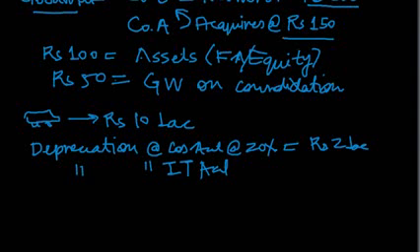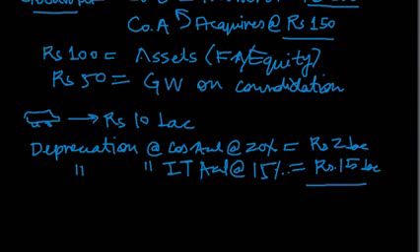So Income Tax Act is at the rate of say 15%, which makes it rupees 1.5 lakh. 15% of 10 lakh is 1.5 lakh, and the difference here is 50,000, right? 2 lakh minus 1.5 lakh is 50,000.